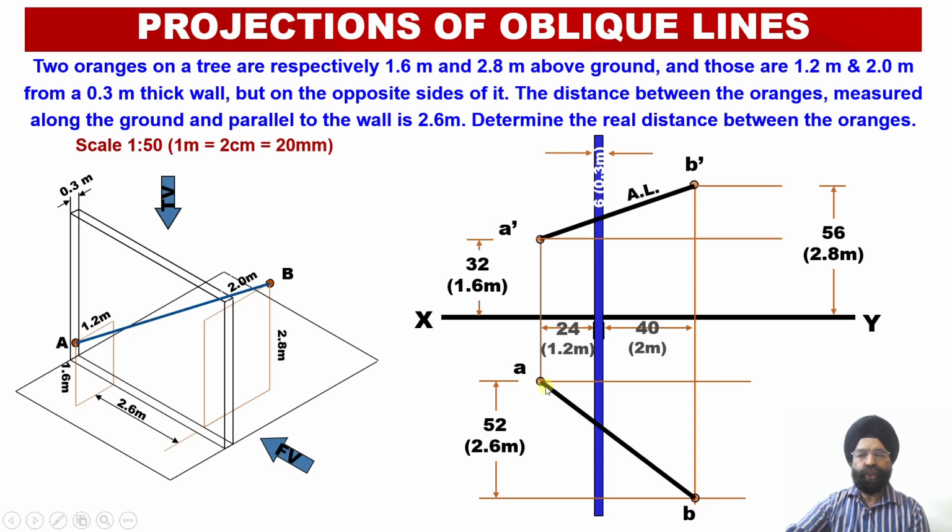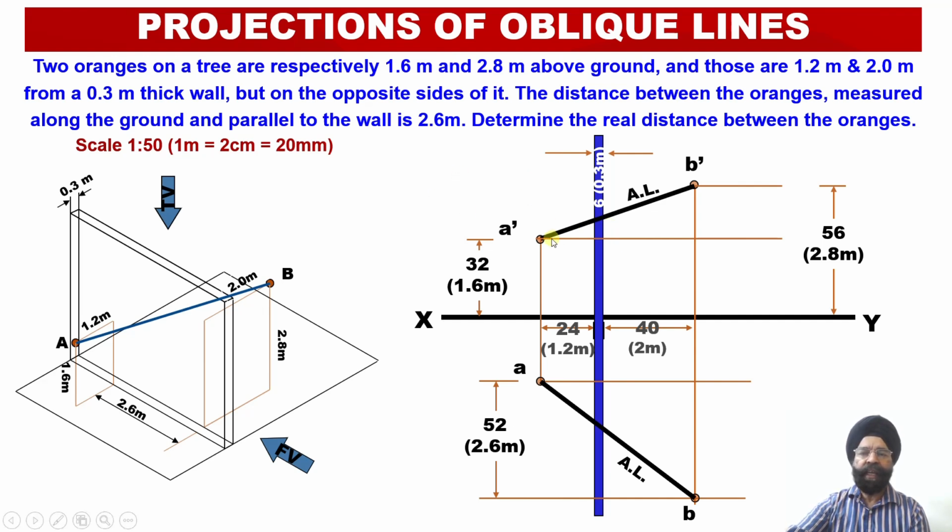Now we are going to join point A with point B. So these are the apparent length projections of the line in the top view. This is also apparent length. This is also apparent length. Now we have been successful in converting this particular real life environment problem into the orthographic projections of an oblique line.